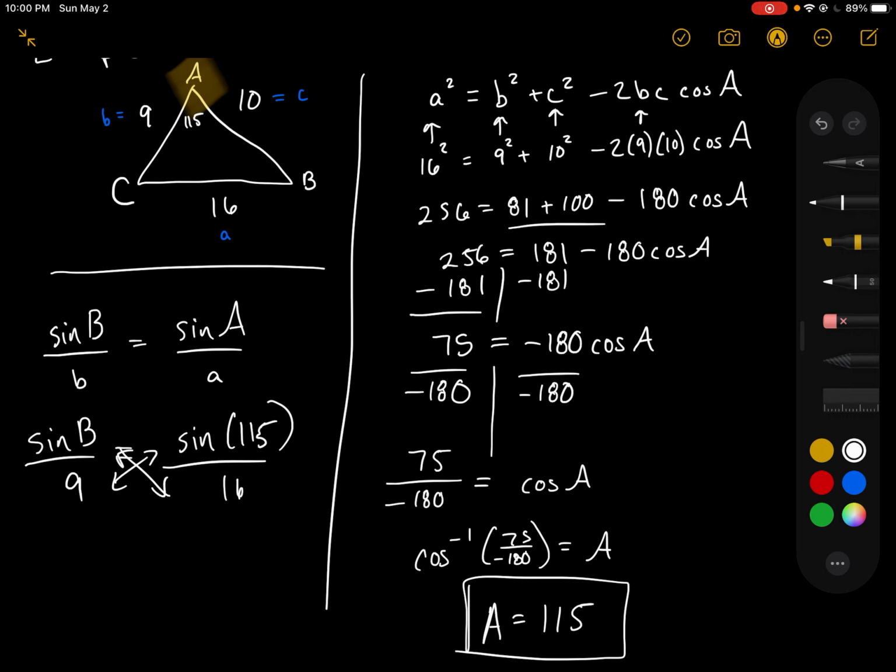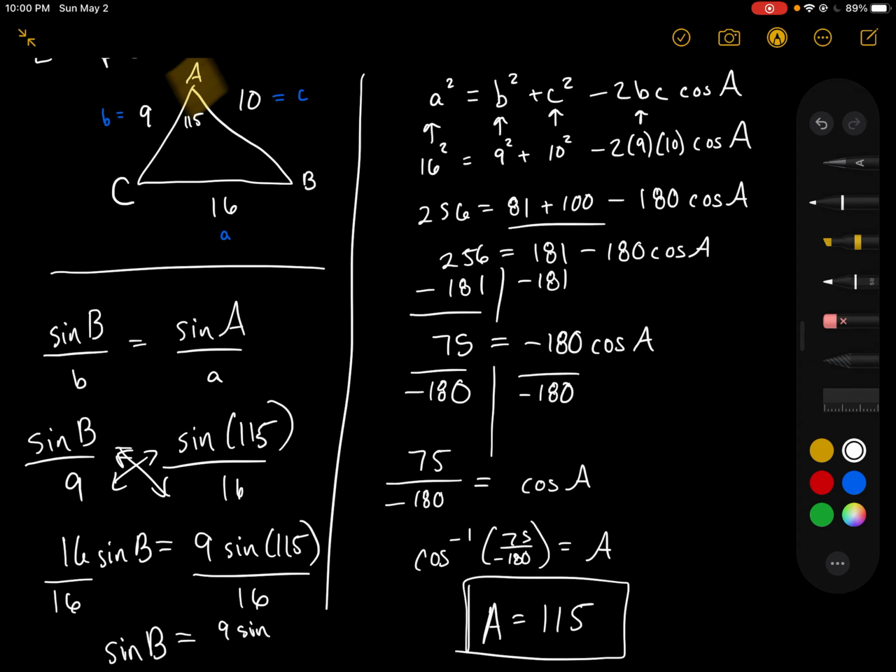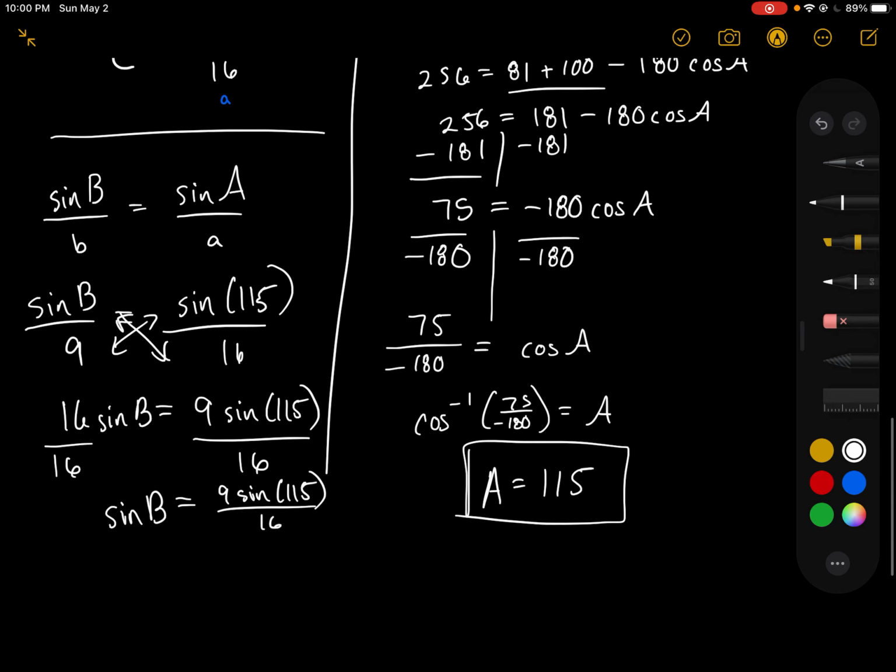So here we'll have sine of 115 over 16 equals the sine of B over 9. Again, opportunity to cross multiply. 16 sine of B equals 9 times the sine of 115. And then here, divide by 16, divide by 16.